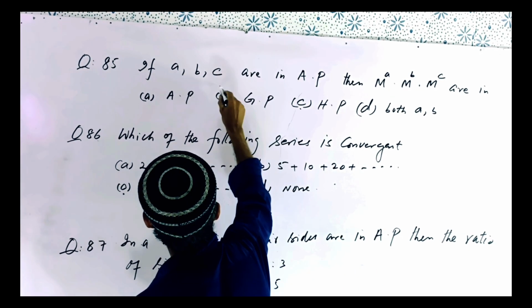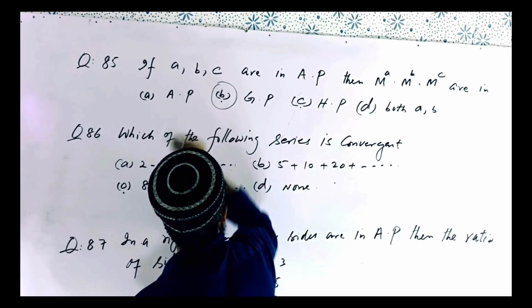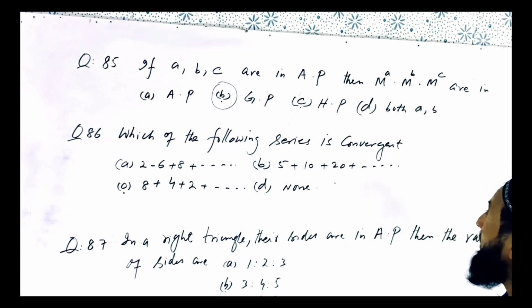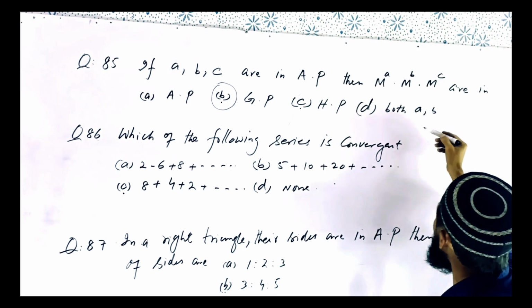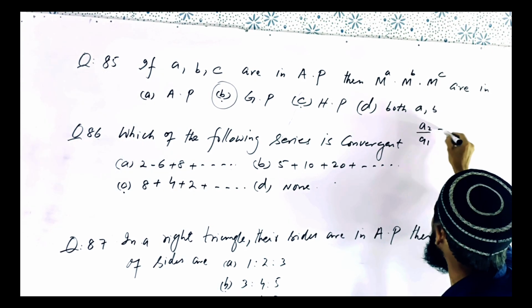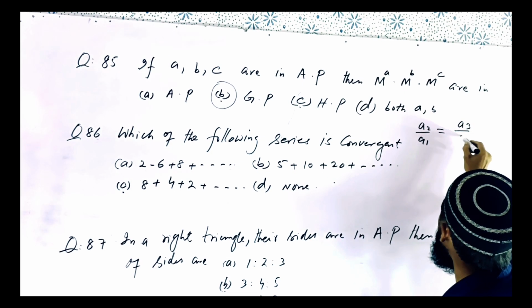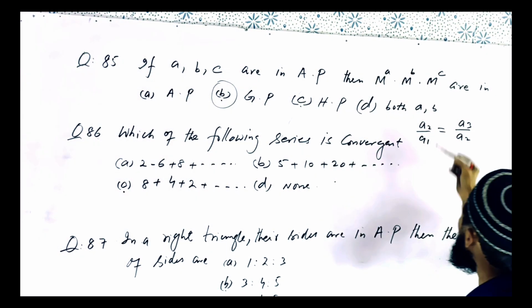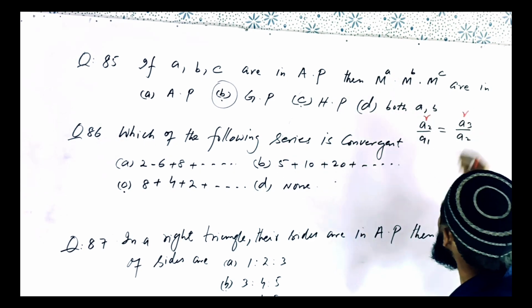So geometric progression is the correct answer here, because if we check the result, it is second value divided by first value, and third value divided by second value. So here this is the ratio.